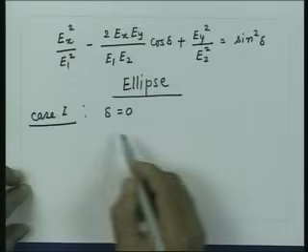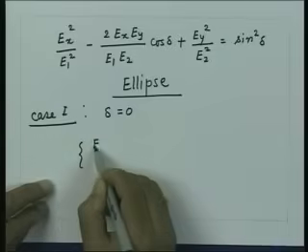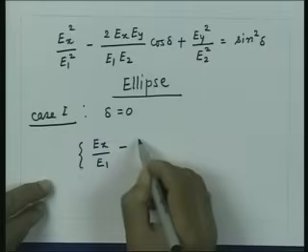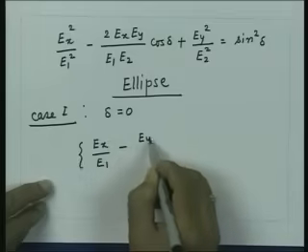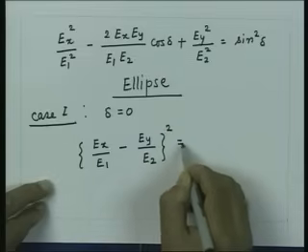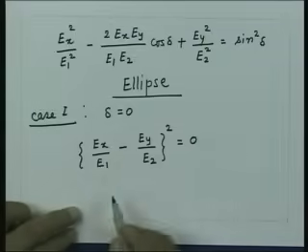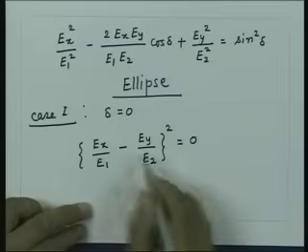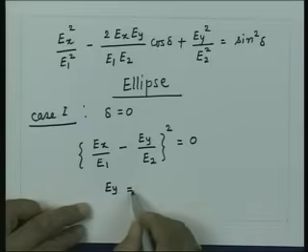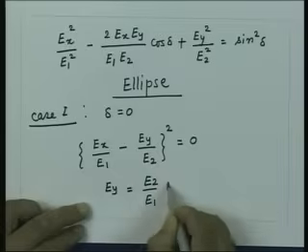So, in this case the equation will reduce to (Ex upon E1 minus Ey upon E2) whole square equal to 0. Or if I write the equation from here, I will get Ey is equal to E2 upon E1 into Ex.